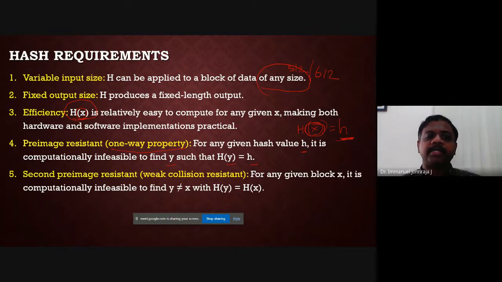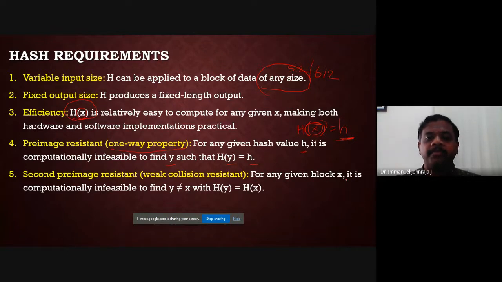Next one is second pre-image resistance, or weak collision resistance. The fifth and the sixth look similar, but one is called weak collision and the other is called strong collision. You should know the fundamental difference between these two. What is weak collision resistance, or in other words, second pre-image resistance?